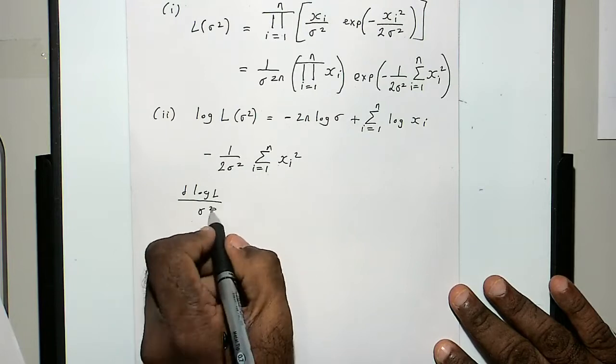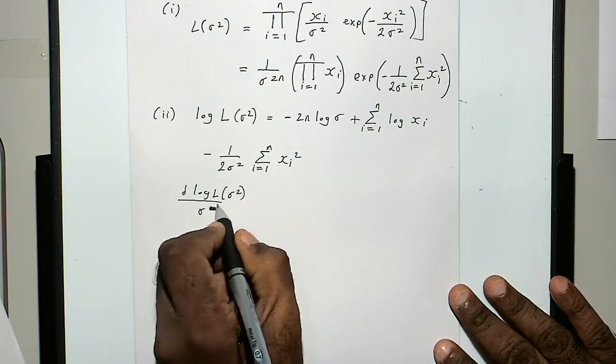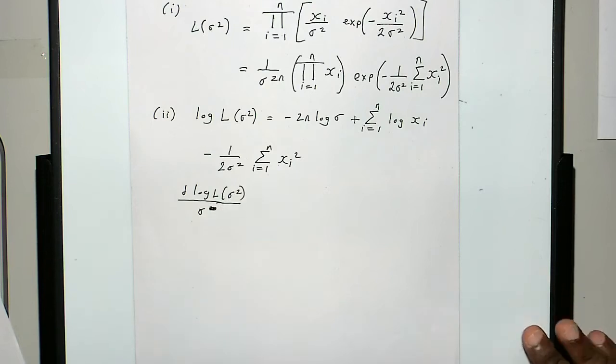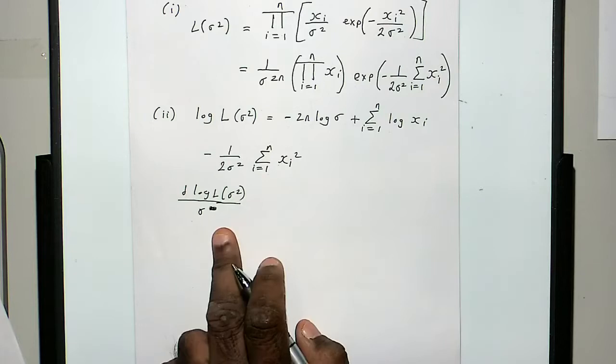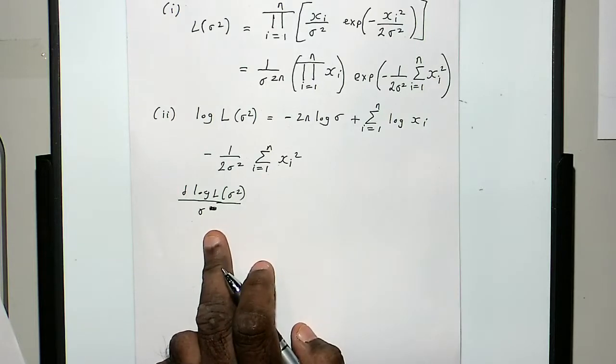Well, it really doesn't matter. Let's differentiate with respect to sigma, because the mapping from sigma to sigma squared is a one-to-one function, sigma being positive. Remember, sigma denotes the standard deviation, so it cannot take negative values. So it doesn't matter whether you differentiate with respect to sigma squared or sigma, it's the same.